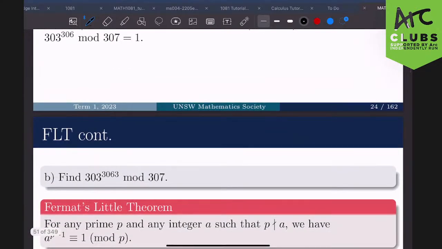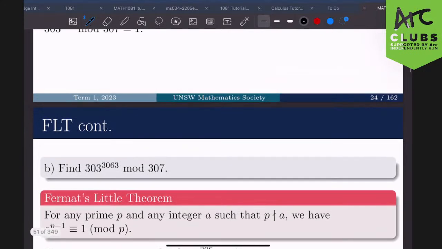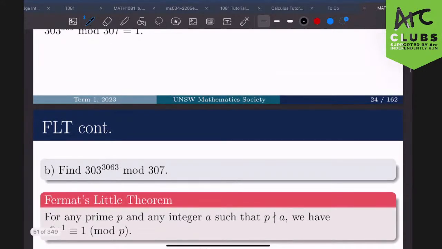Now we've got a slightly more complicated one, a greater power: 303 to the power of 3063 mod 307. So we'll be applying the same Fermat's little theorem again, but we'll also be using the other rules that we've learned so far.